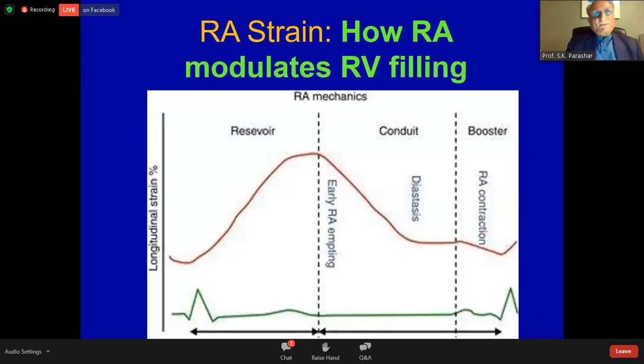Then remember, when coming to the RA strain, the RA modulates RV filling by three mechanisms. One is the systolic mechanism known as the reservoir function, then the early diastolic diastasis, and the late diastolic, which is the booster function. Most of the studies are usually done in the reservoir phase because at this phase the RA is exactly at its maximum dimension.